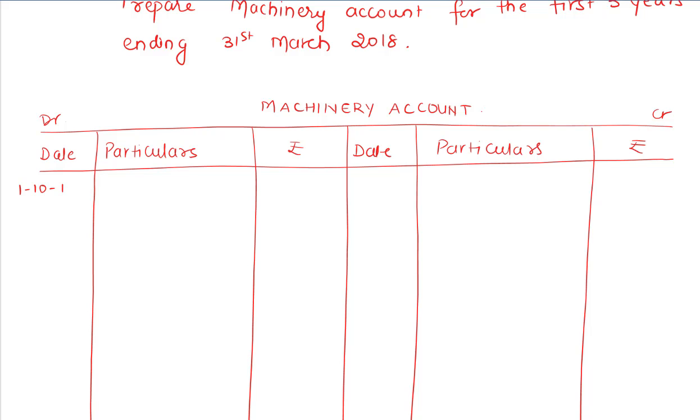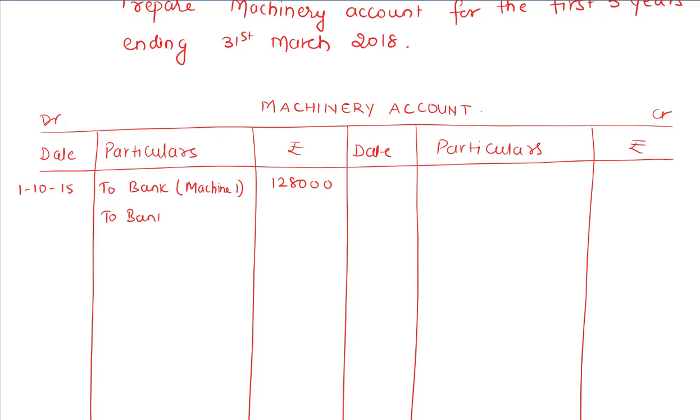On 1st October 2015, the machinery was purchased. So to bank account, this is machine 1. We have purchased machine 1 for 1,28,000.